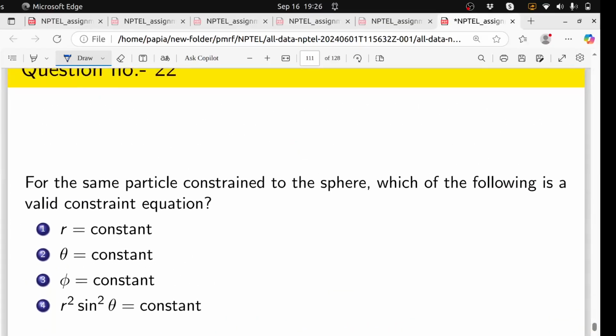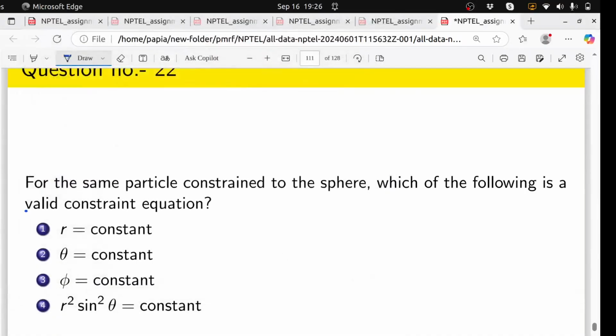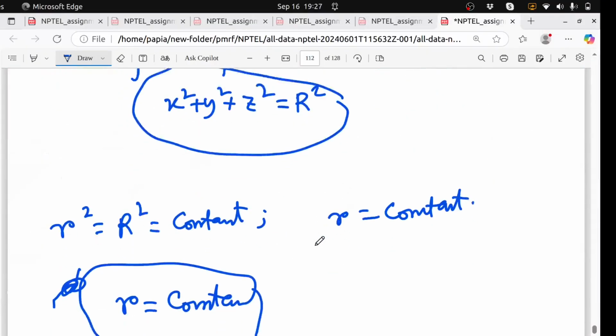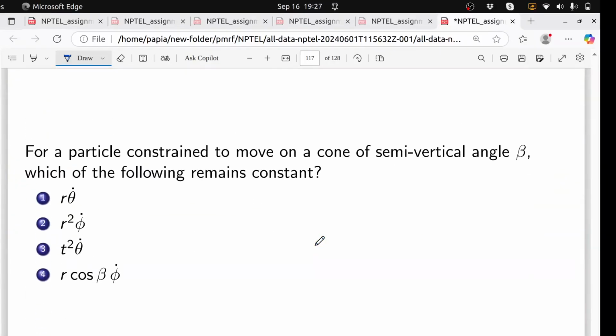This is the valid constraint equation, r equals to constant. Theta equals to constant is for that cone question what we talked, and phi equals to constant is also not correct. r square sin square theta equals to constant, that is also not correct. Okay. Now we can go for the next question.